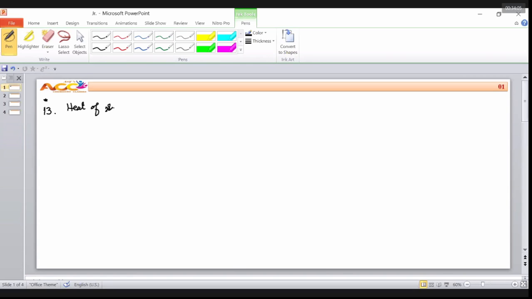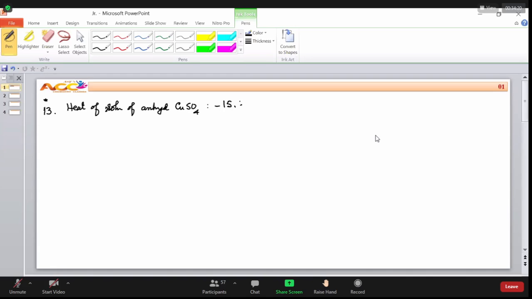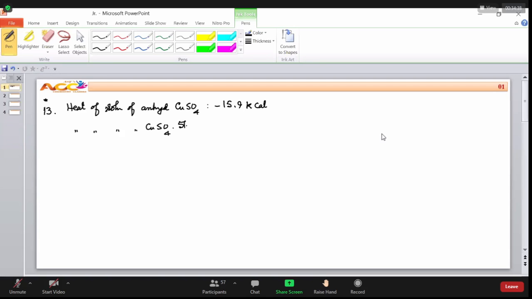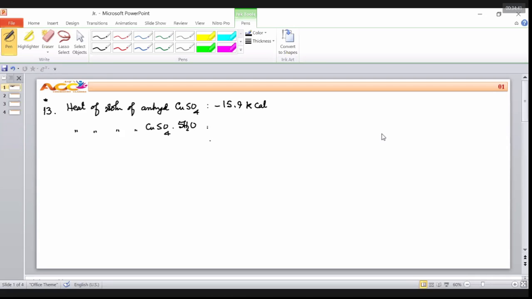Heat of solution of anhydrous copper sulfate is minus 15.9 kilocalories, and that of heat of solution of copper sulfate 5H2O, this is the hydrated form, is 2.8 kilocalories.